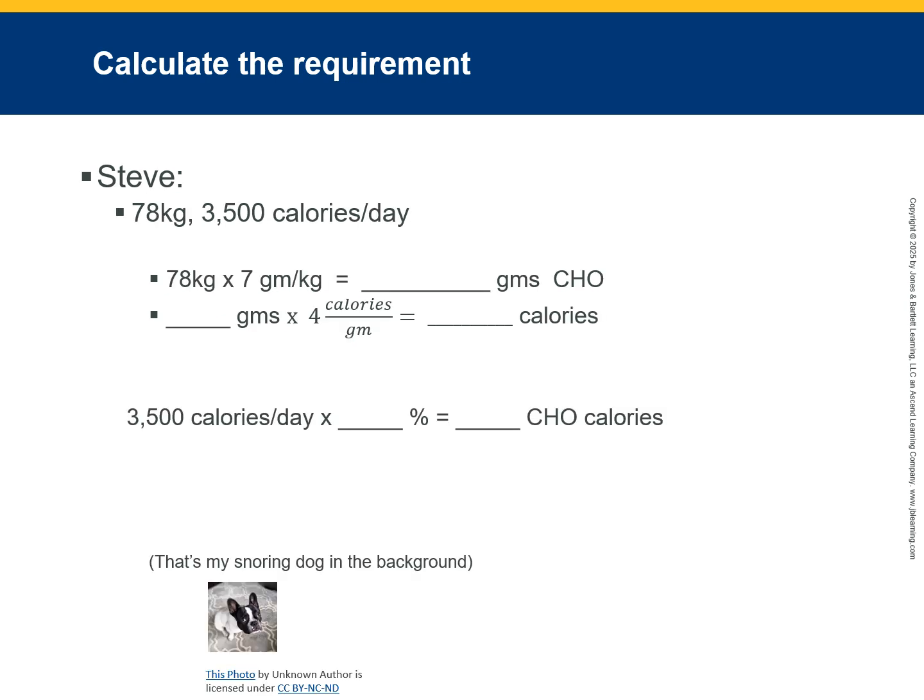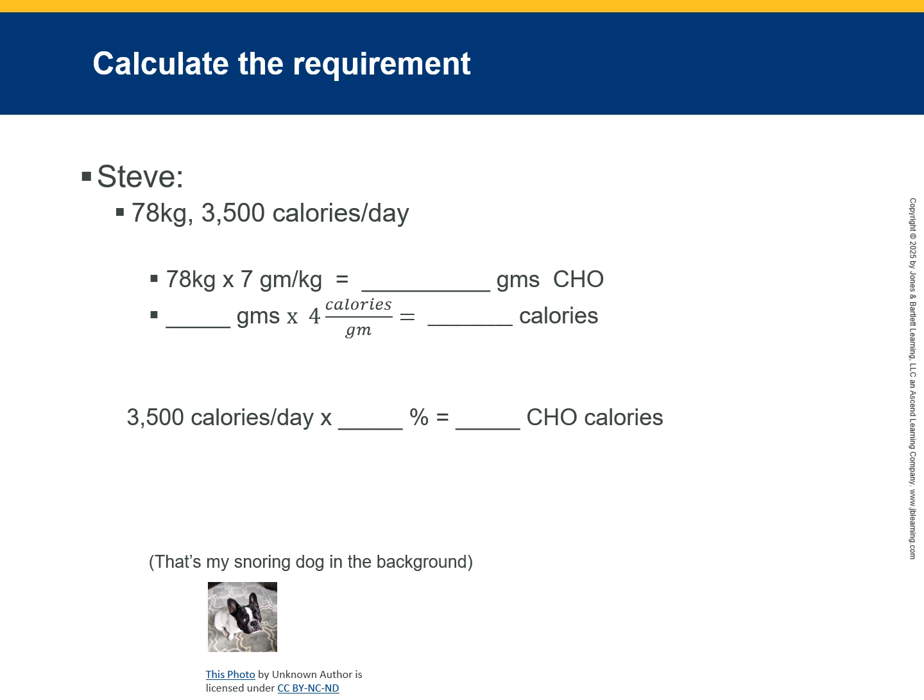Now, if we look at it the other way, we still have Steve, the 78 kilogram athlete who exercises moderately. I just picked 7 grams per kg. The range was 3 to 12, going from somebody who's exercising very low to 12, somebody who's exercising intensely.